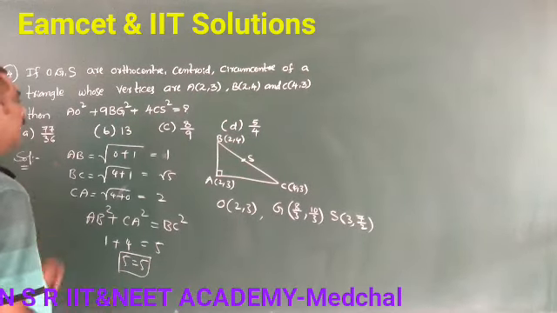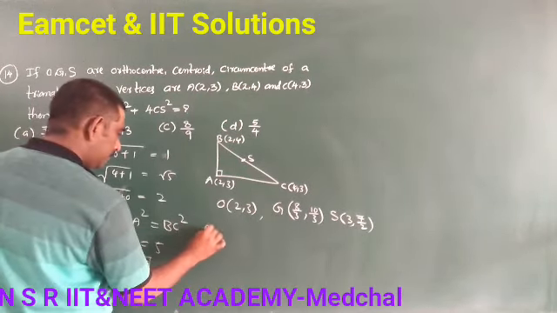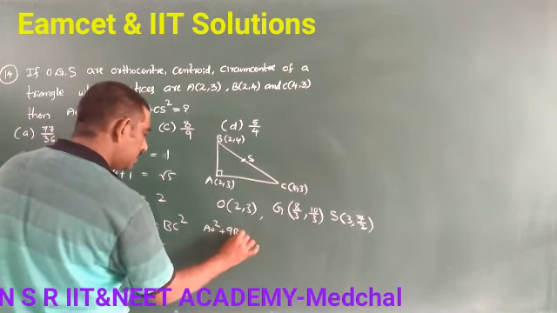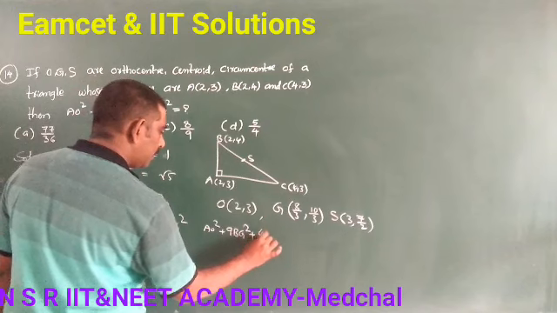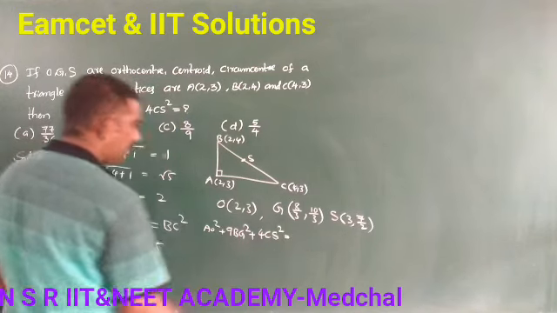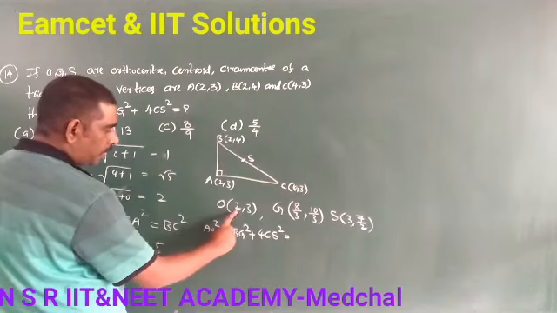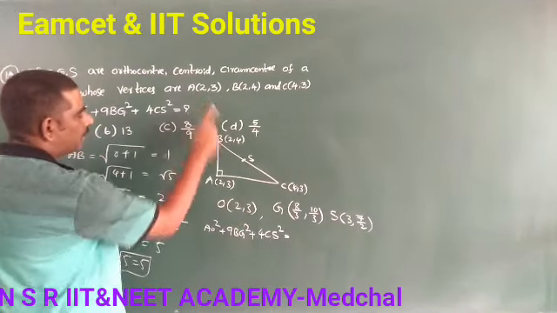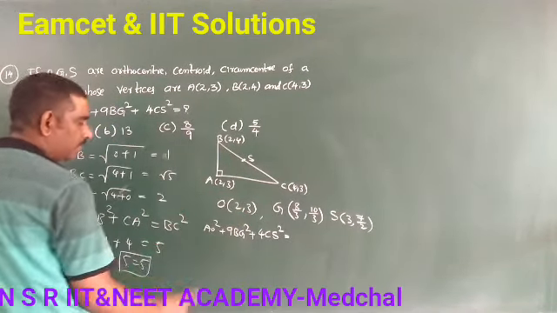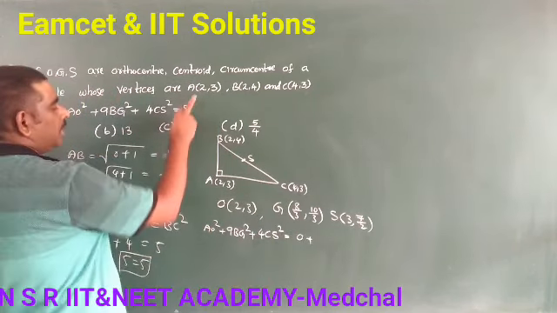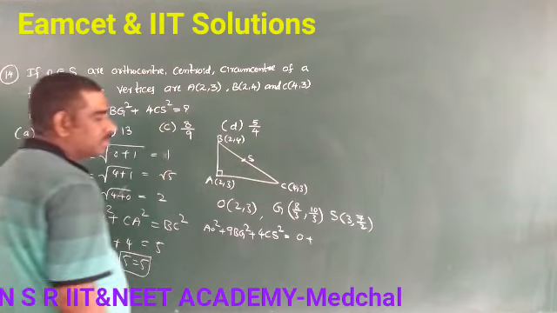Now we have to find AO square plus 9 into BG square plus 4 into CS square. A value is 2 comma 3 and O value is 2 comma 3, so both x and y coordinates of the points are equal, so the value of AO square is equal to 0, because 2 minus 2 is 0 and 3 minus 3 is 0.